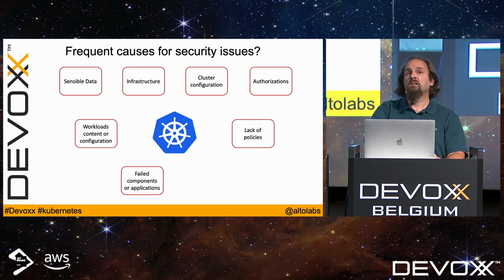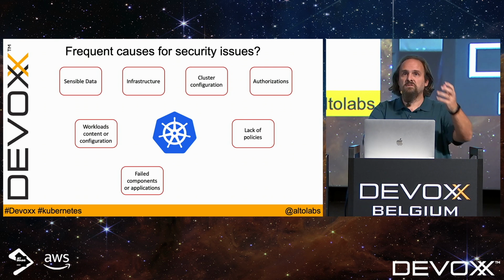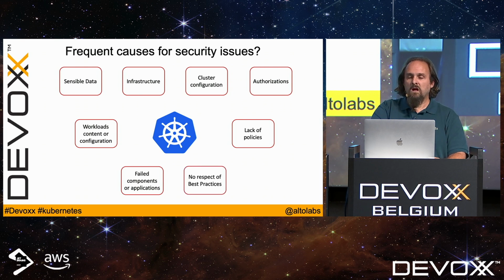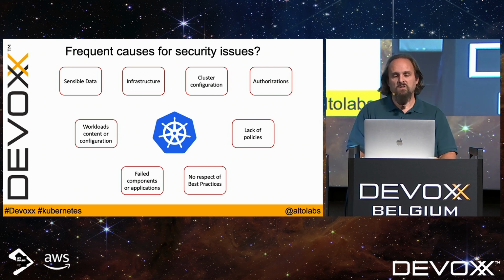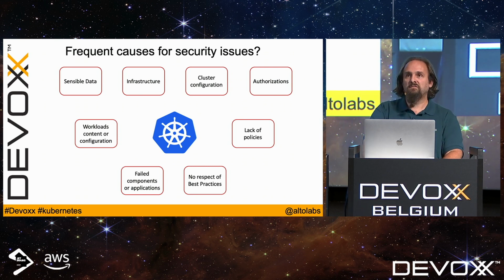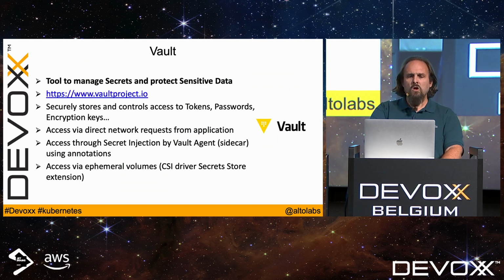Sometimes components fail, and the fact that a component responsible for some security aspect has failed or is down is going to be a big issue. Finally, there are some best practices that people should follow, but most of the time when we check with our customers, we realize that they don't know very well the best practices to follow, or they just don't follow them correctly. We'll talk more about it.